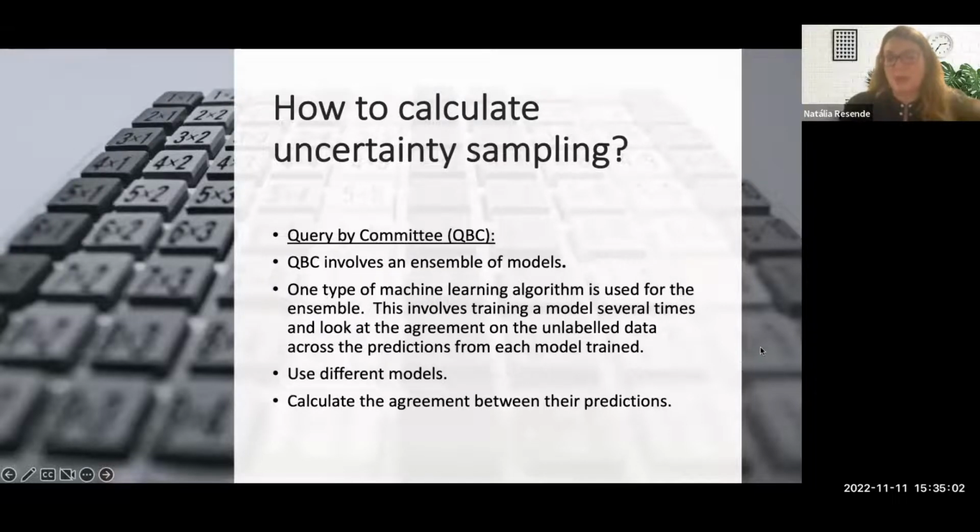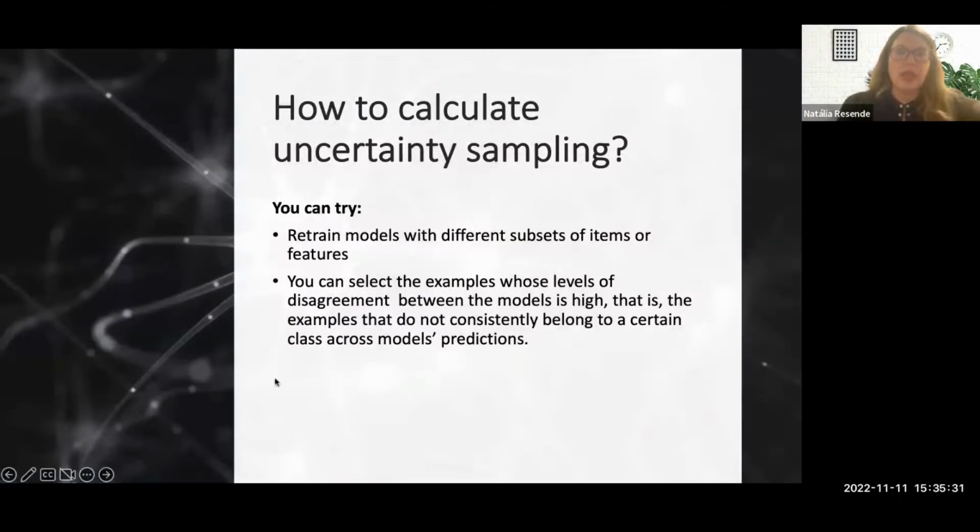So this is how we calculate the query by committee. I'm going to show examples next. We can also use different models and calculate the agreement between the predictions of different models, or between the predictions of several runs of one model. Is that clear? Okay, I go next.